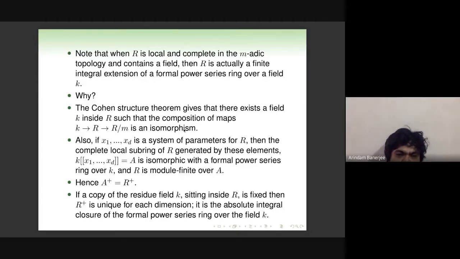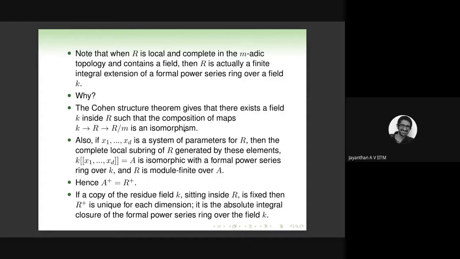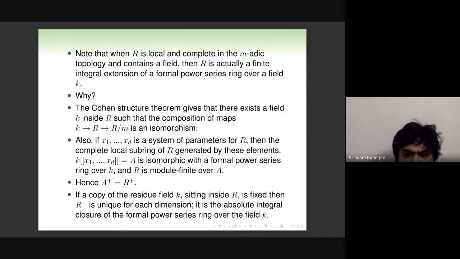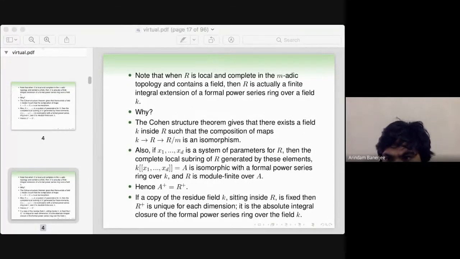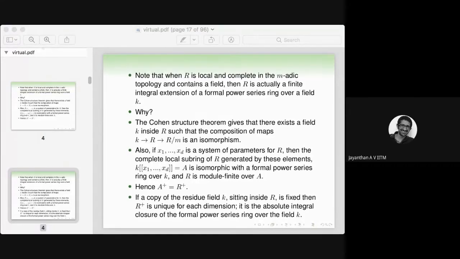Well, so far, I'm just trying to recall whether Noetherian is needed for the Cohen structure theorem, but I guess no. Another question from Nina.